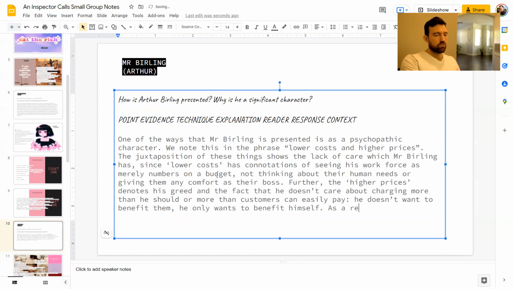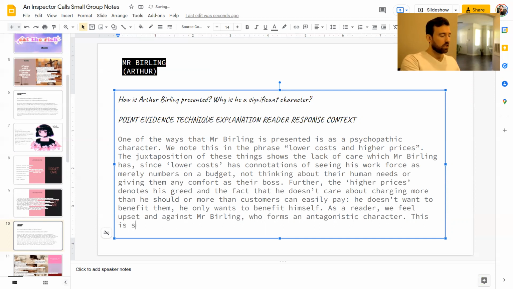As a reader, we feel upset and against Mr. Birling, who forms an antagonistic character. He's a villain, basically, a villain character.